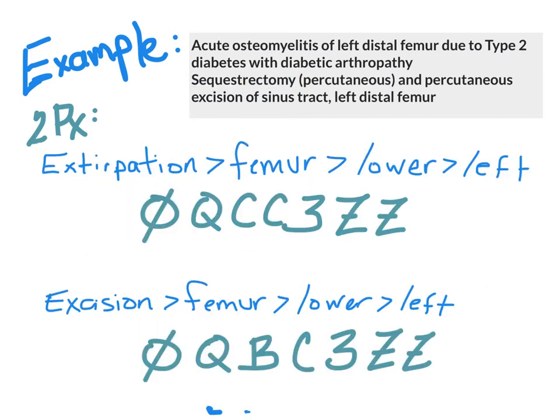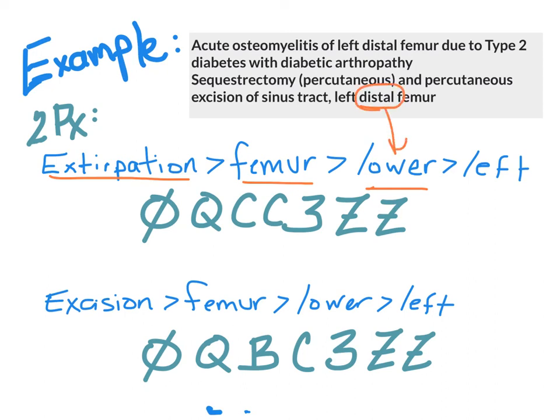So our final coding paths for these two procedures, again, our sequestrectomy will be coded to the root operation of extirpation of the femur lower. How do we know it's lower? Again, we have to make another decision here. Again, referring back to our medical terminology. Distal. What does distal mean?